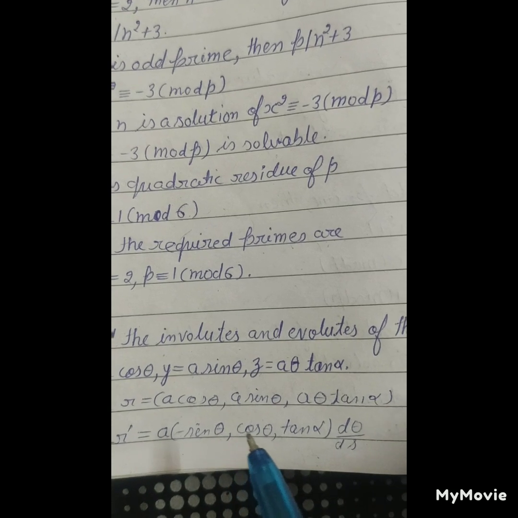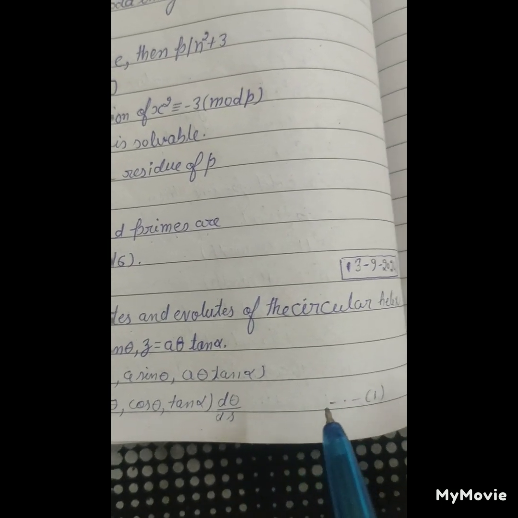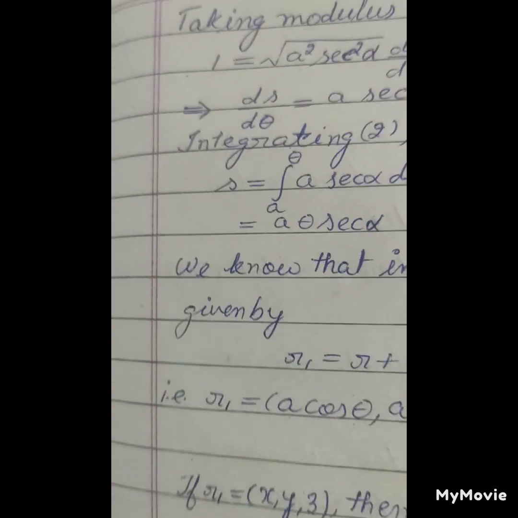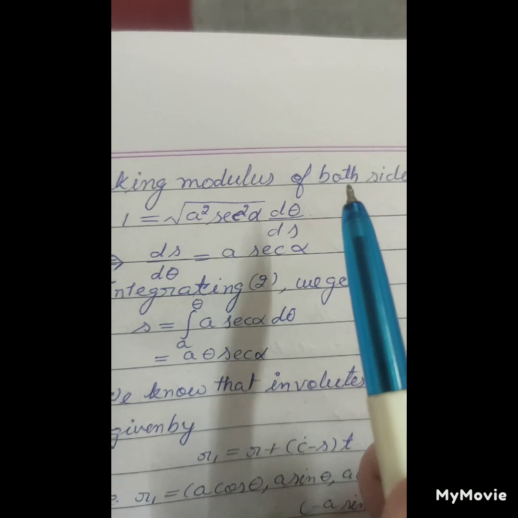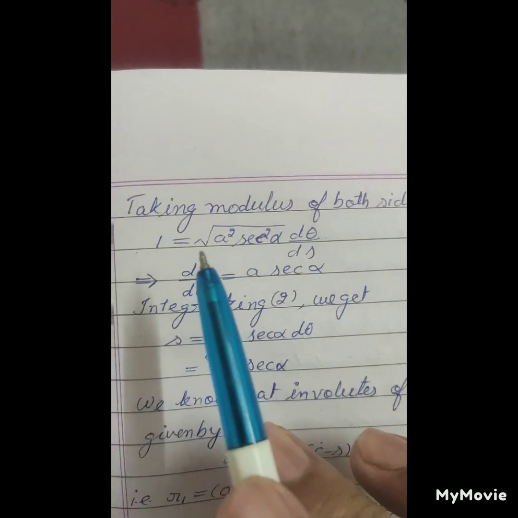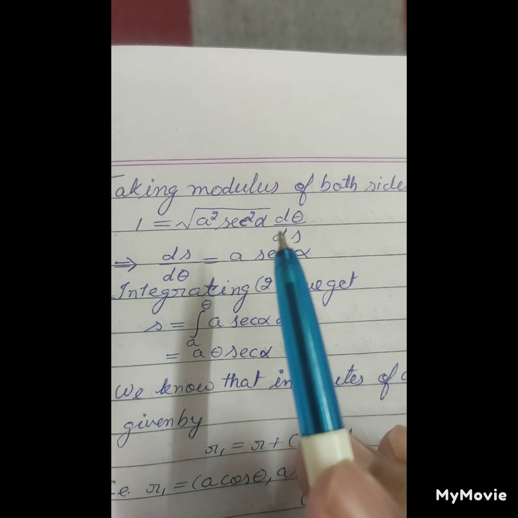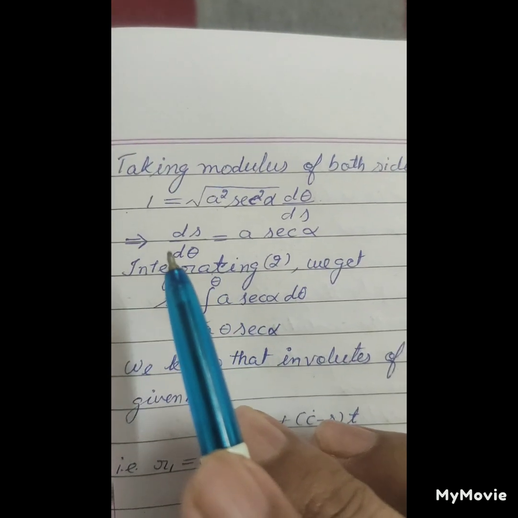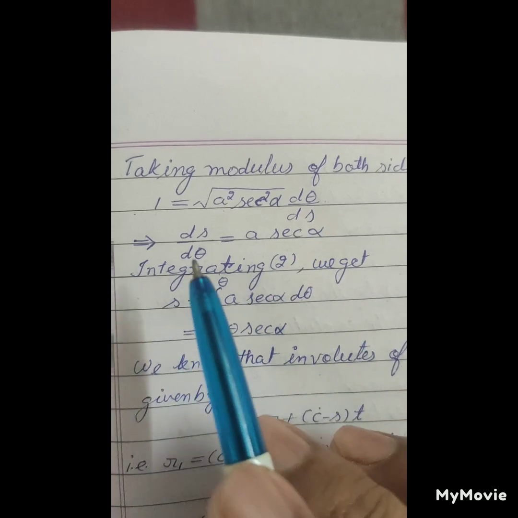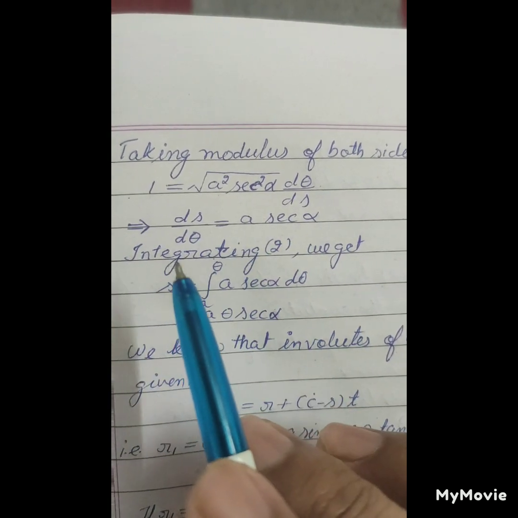(-sin θ, cos θ, tan α) dθ/ds, equation 1. Taking modulus of both sides, we get 1 equals square root of a² sec² α dθ/ds, or ds/dθ equals a sec α.